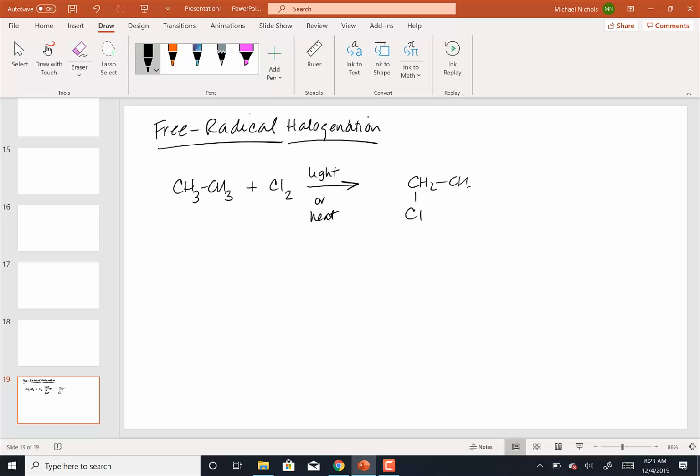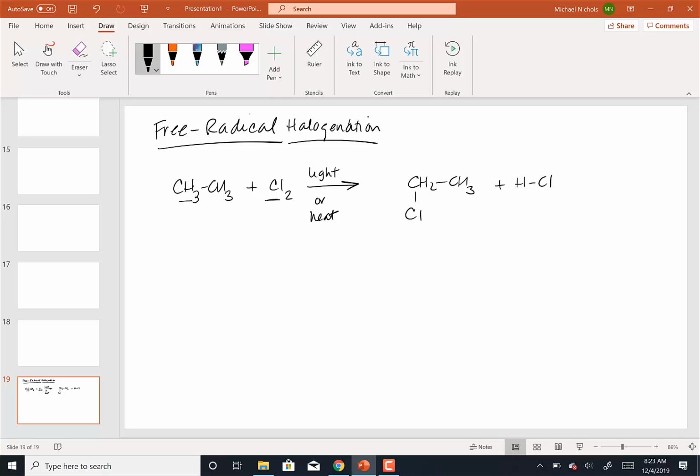So I'm going to end up doing a substitution reaction where I'm going to substitute a C-H bond with a C-Cl bond. And basically I'm going to replace a hydrogen with a chlorine. And then over here with my 2 chlorines that are attached, one of those is going to become that hydrogen.